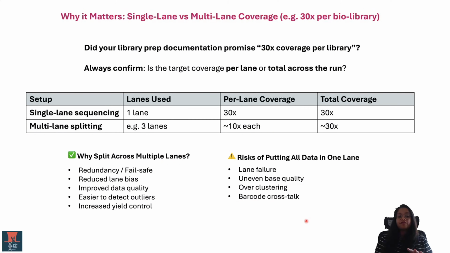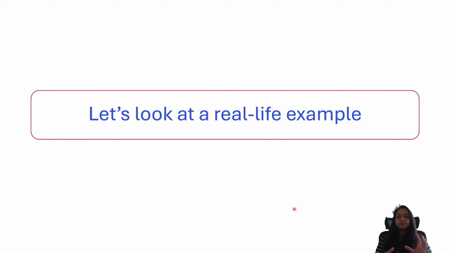Now that we have a fair understanding of the basic next generation sequencing concepts, the terminologies, coverages, and the concept of splitting data across multiple lanes in a flow cell, let us take a look at a real life example.